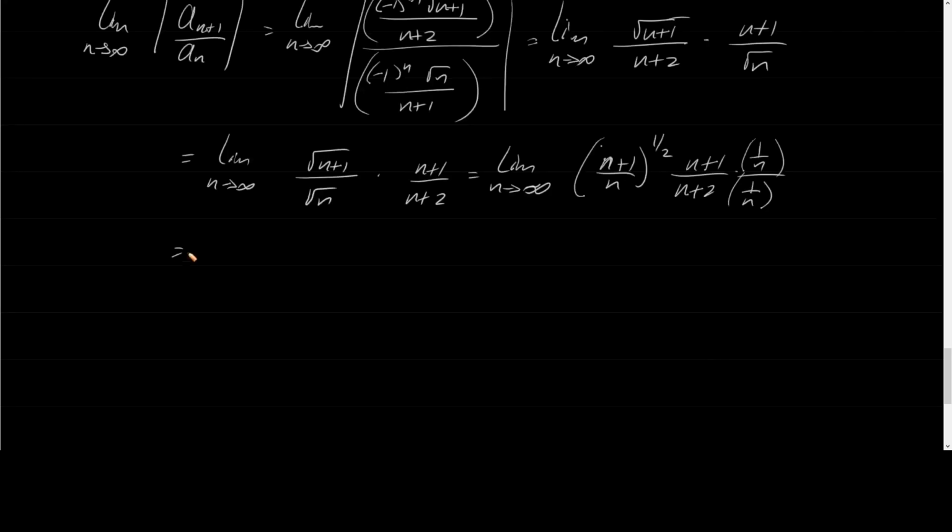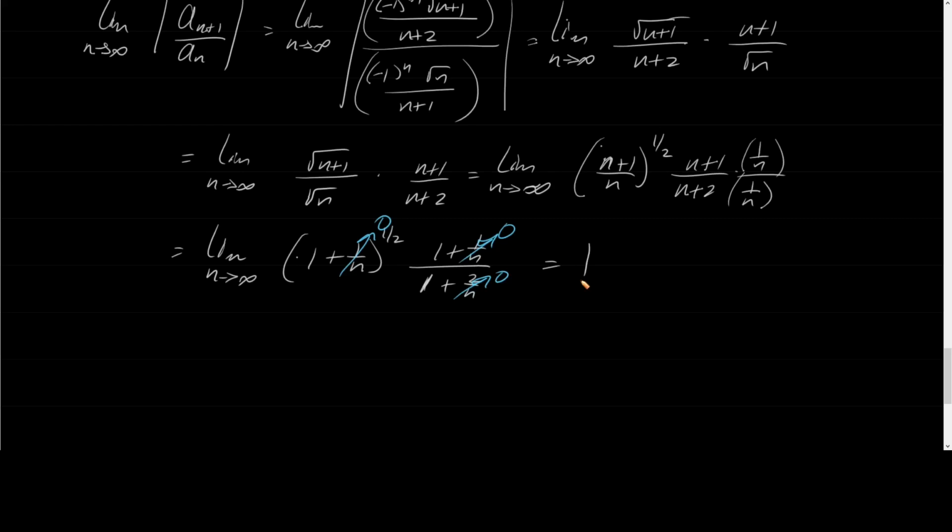So this becomes the limit as n goes to infinity of, in here, n plus 1 over n, I can rewrite as 1 plus 1 over n, to the 1/2. Distribute this 1 over n to each piece, so I have 1 plus 1 over n over 1 plus 2 over n. And as n goes to infinity, this piece goes to 0, that piece goes to 0, that piece goes to 0. So we have 1 to the 1/2, the square root of 1, which is 1, times 1 over 1.